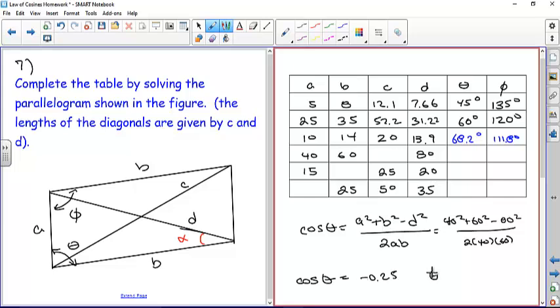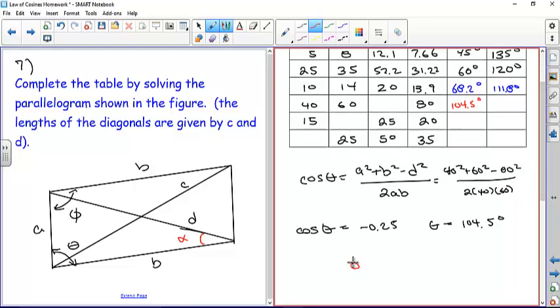So again, taking the inverse cosine of negative 0.25, we get 104.5 degrees. So that's theta, 104.5 degrees. So phi is 360 minus 2 theta, over 2, just like we had a similar kind of equation for phi.